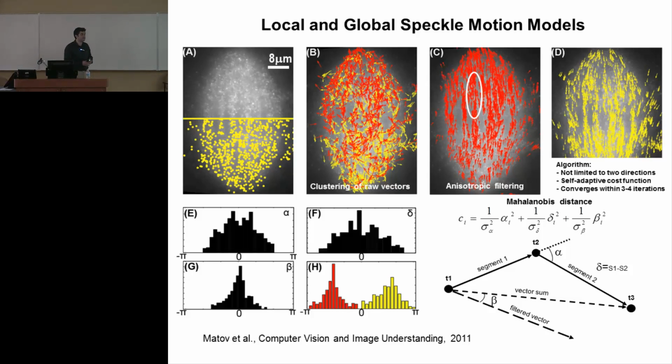And the cost is the Mahalanobis distance between the 3 elements, which is the angle between, so this is the triplet, frame 1, frame 2, frame 3. So what we have here first, this is the mitotic spindle. So we have the 2 poles, chromosomes are here, and they flux up and down.